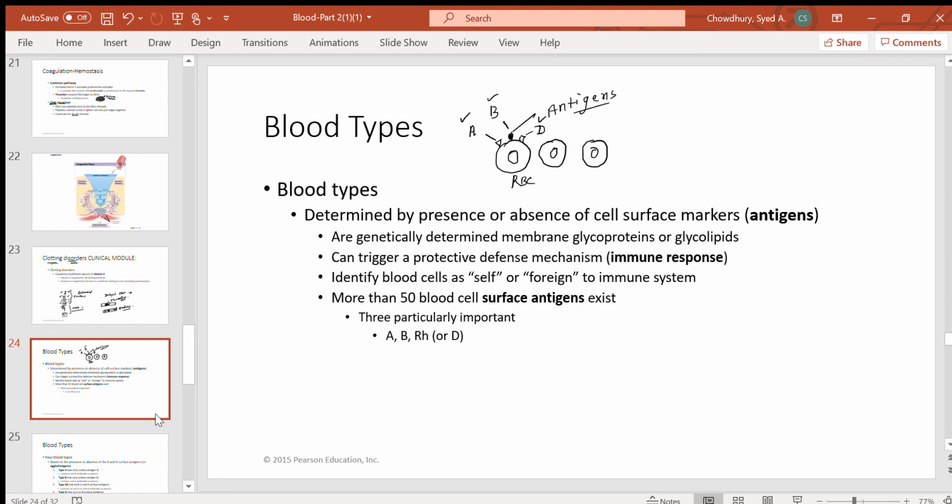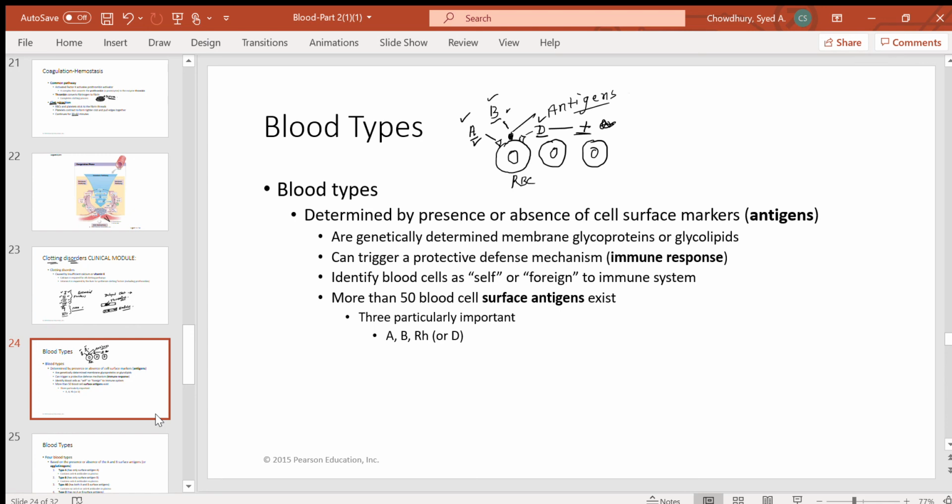If on the surface of your red blood cells you have A antigen, your blood type is A. If you have B antigen only, your blood type is B. If you have both A and B, your blood type is AB. Now D determines positive or negative. If D antigen is present, your blood type is positive.